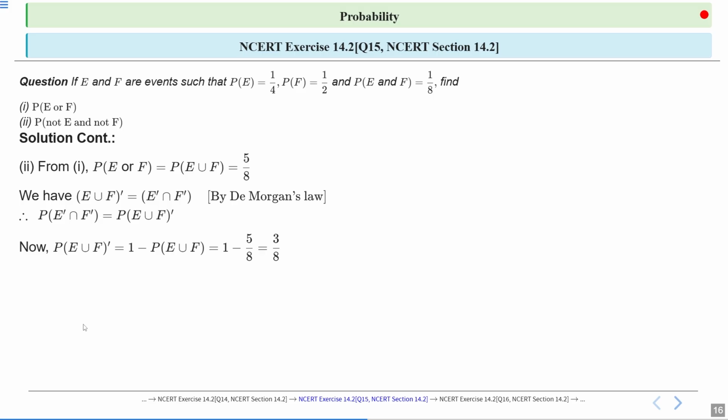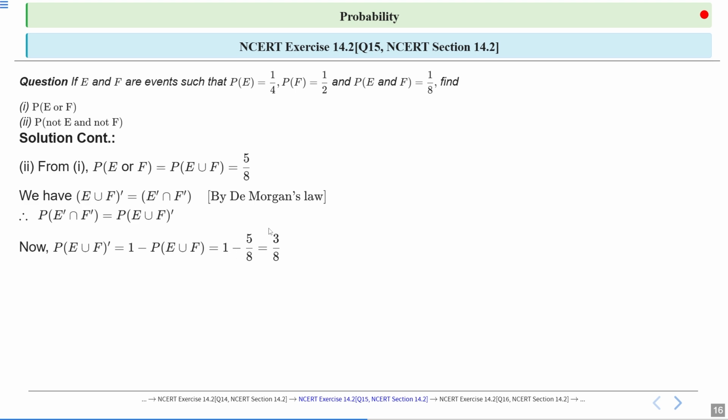Okay, so here you can see probability of E union F whole complement is equal to 1 minus probability of E union F. Okay, and already we know probability of E union F is equal to 5 by 8. Just use this value and then you will obtain probability of E union F whole complement equal to 1 minus 5 by 8.